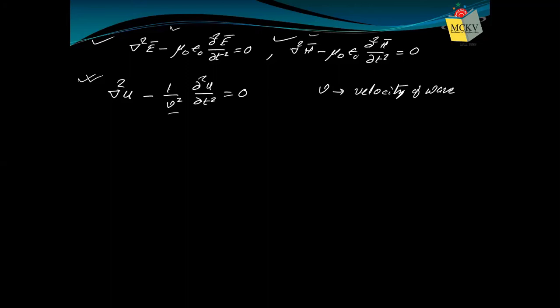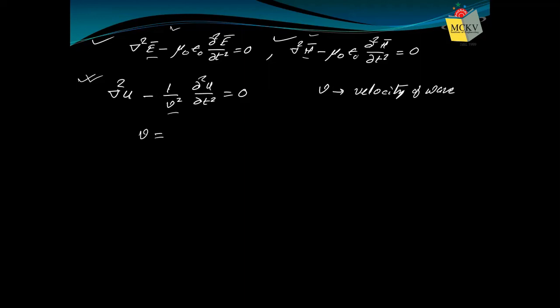That means if we compare, like u was the wave, u represents the wave, then E also represents a wave, H also represents a wave. And if V is the velocity of the wave, then if I compare V with the two equations, how can I write V?